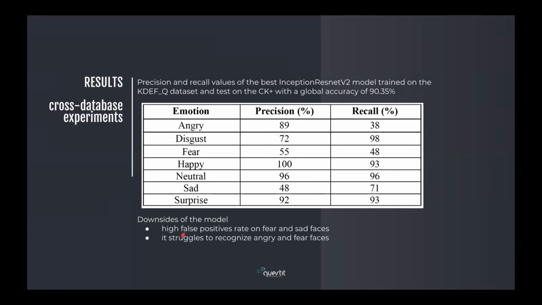That means that we have a high false positive rate for fear and sad. So angry, sad, and fear are probably the hardest emotions to distinguish, and in particular to disentangle between them. However, this problem is a general problem for other models in the literature.